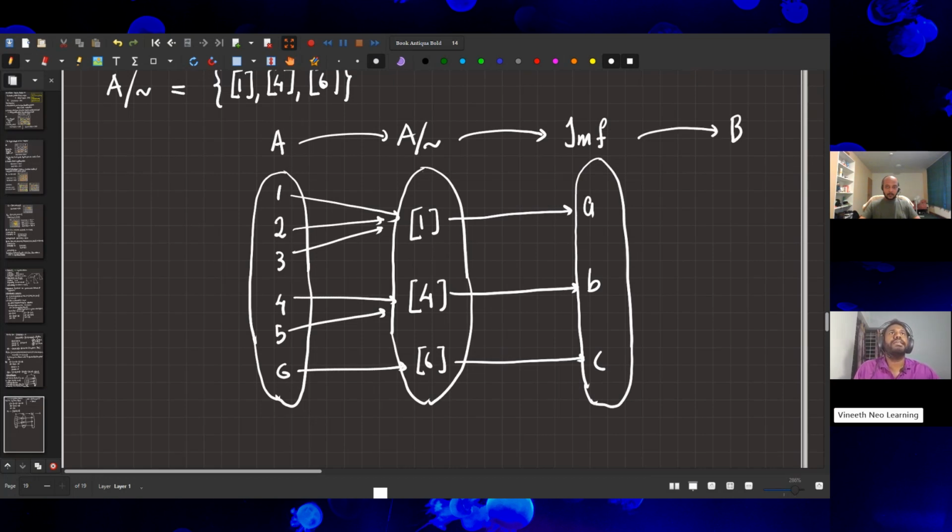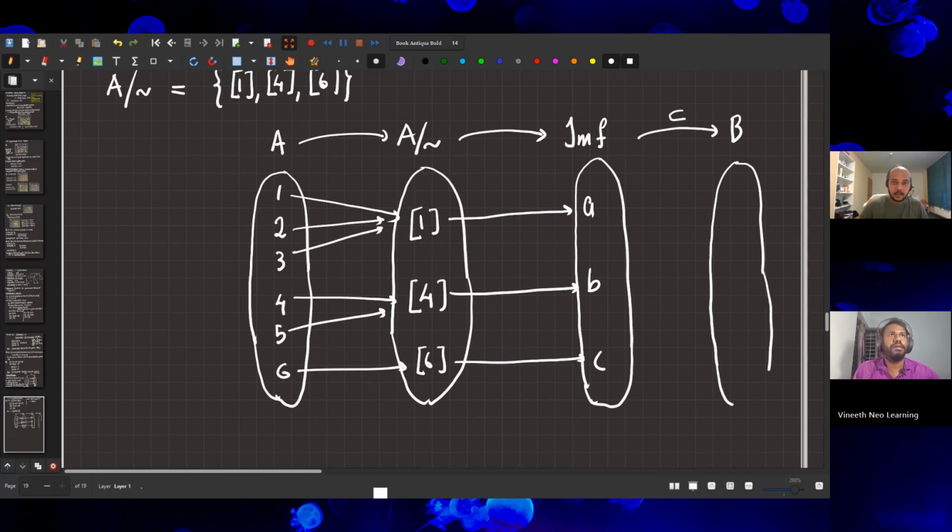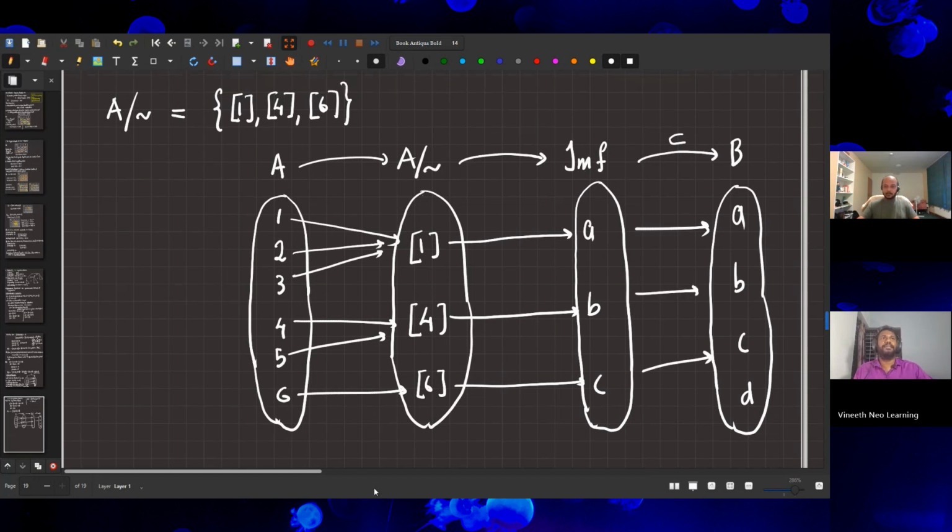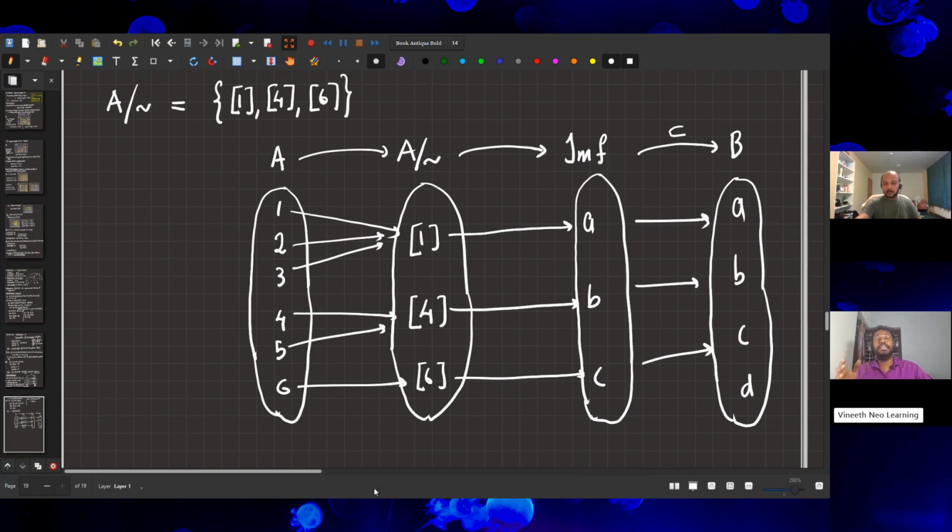That map is just an inclusion relation, a subset relation. What is the set B here? Set B is A, B, C, and D. This is just a subset relation, because the image set is always a subset of the codomain, isn't it?